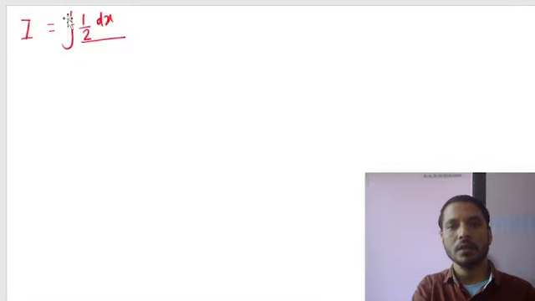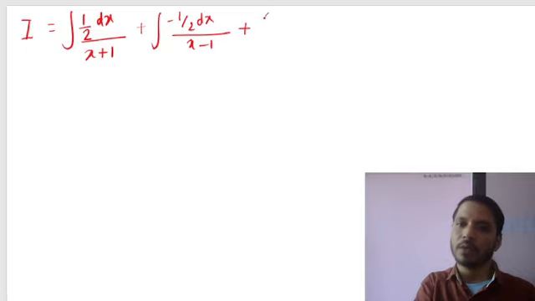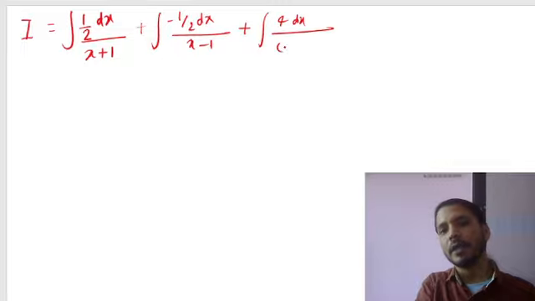So here we will write x plus 1, and b is equal to minus 1 by 2 into dx, divided by x minus 1, and c we know is 4, right? So 4 into dx, divided by x minus 1 whole square.